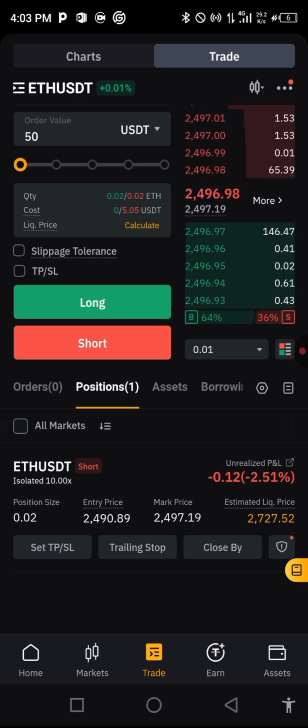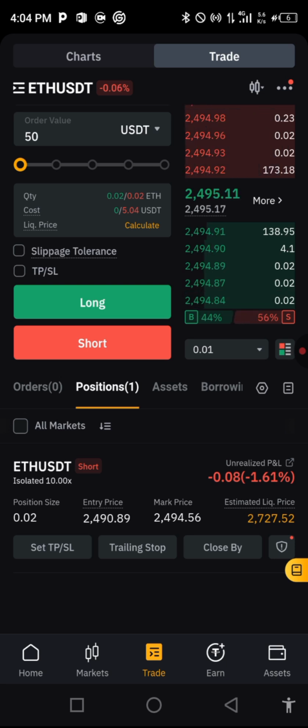TP simply means take profit and SL simply means stop loss, right? And what do they actually do? You are actually trading the market. Once I make profit to this point, please close the trade for me, right? Because the market is so volatile that you can be in profit, but all of a sudden the market turns against you and it comes down and you are losing.